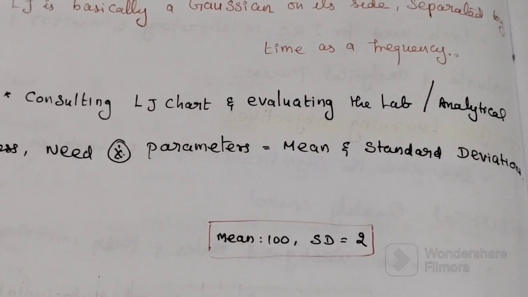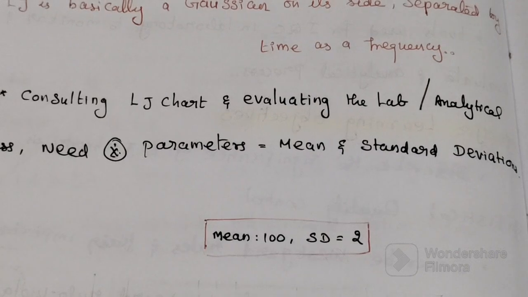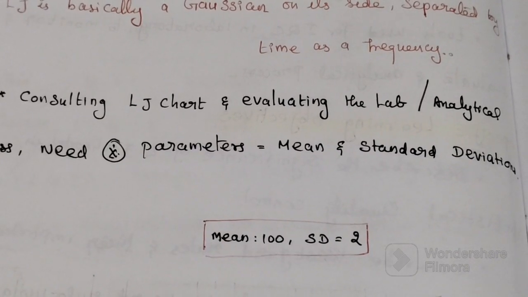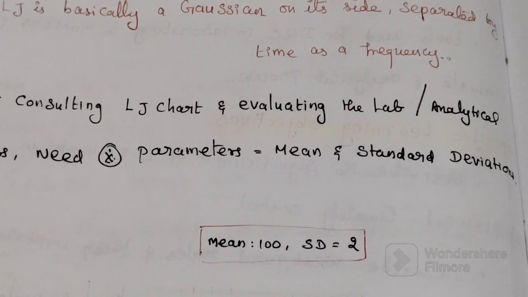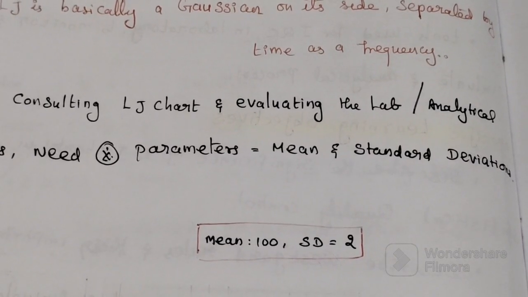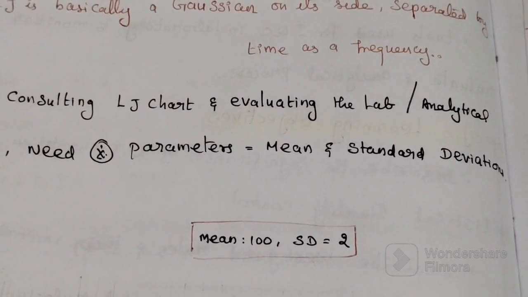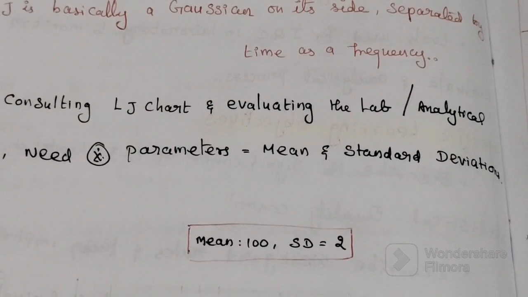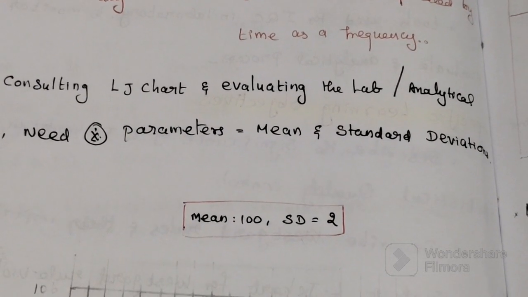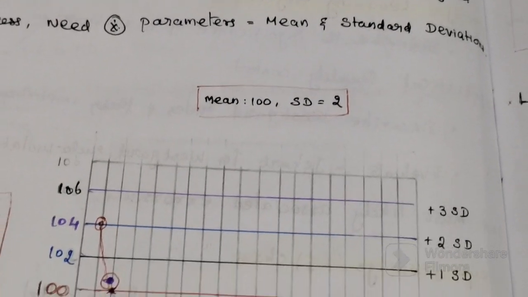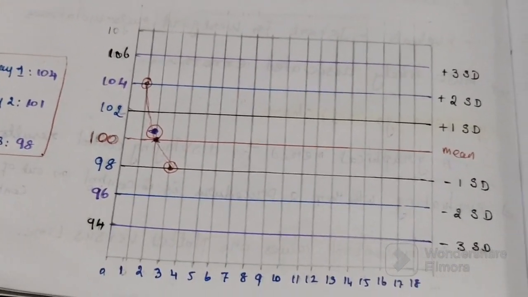The data points for the calculation are obtained by running the QC sample 20 times, and using those 20 data points we calculated the mean and standard deviation.